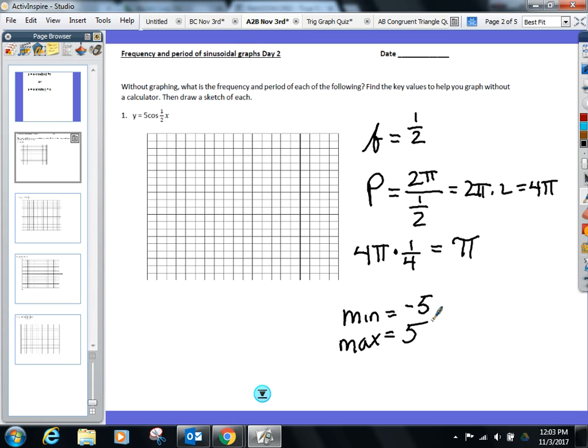So go ahead right now. Set up your x-axis to go by pi's, and set up your y-axis to go from -5 to 5. However you want to space it out is your call.